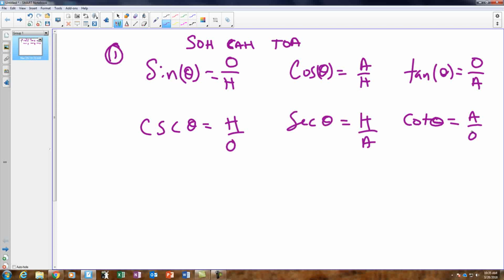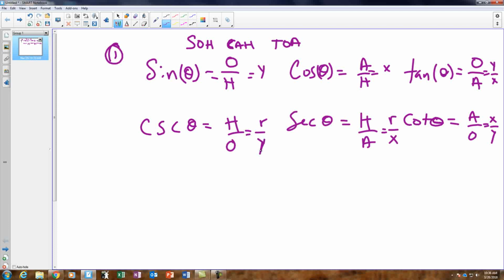Now when we go to the unit circle, you might also want written down that sine is the y value, cosine is the x value, tangent is y over x, cotangent is x over y, secant is r over x, and cosecant is r over y.